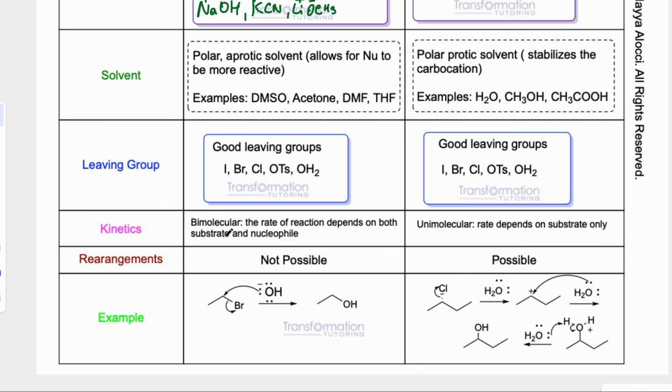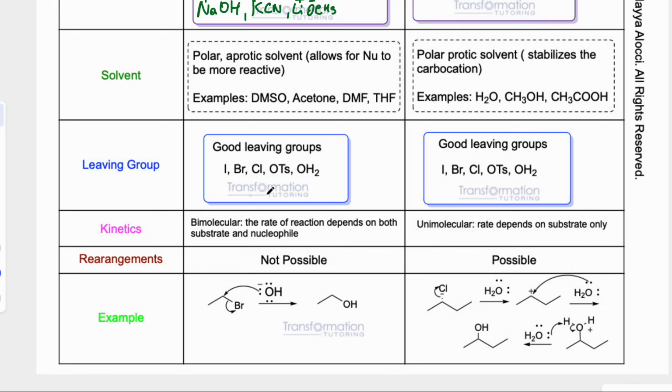For leaving groups, we want the best leaving group possible for all of the reactions: SN1, SN2, E1, and E2, which I will teach later. So these are some examples of good leaving groups. I, Br, Cl, OTs, and OH2 are all good leaving groups.